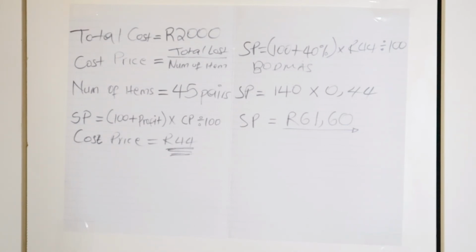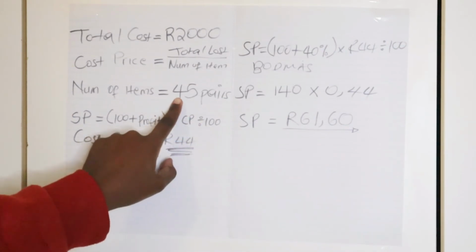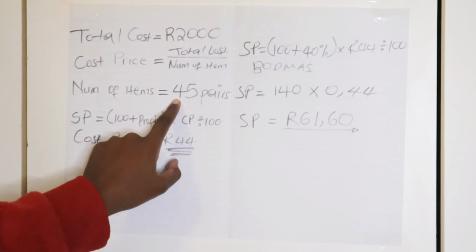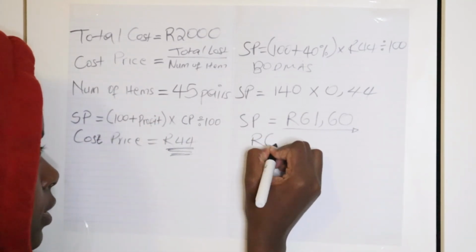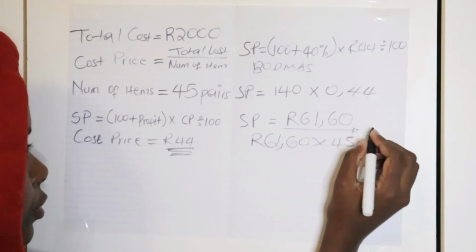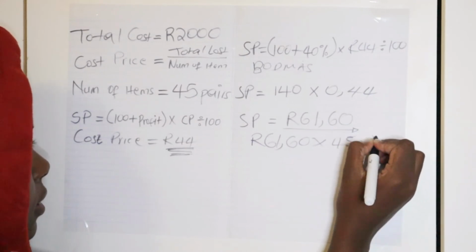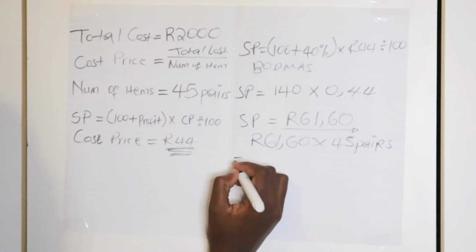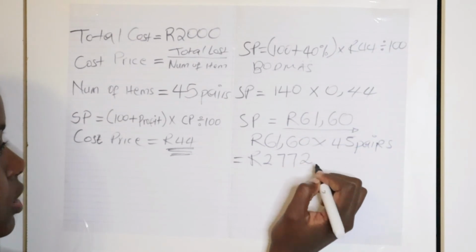So how are you going to backtrack? You're going to take this selling price and multiply it by the number of items that you have bought, which is 61.60 multiplied by 45 pairs. How much is that? It's going to give you 2,772.